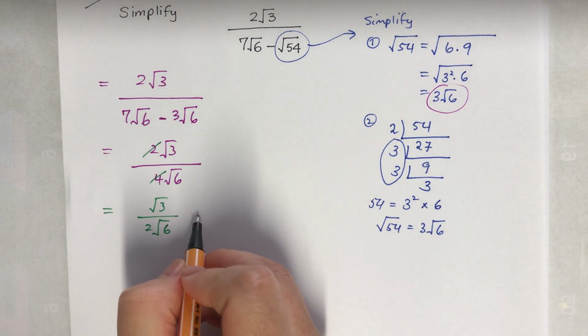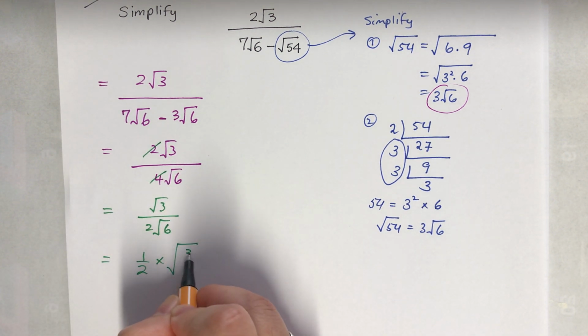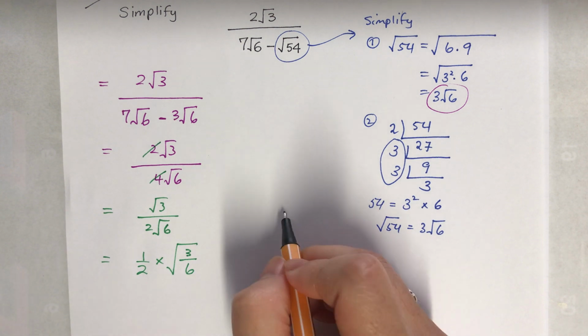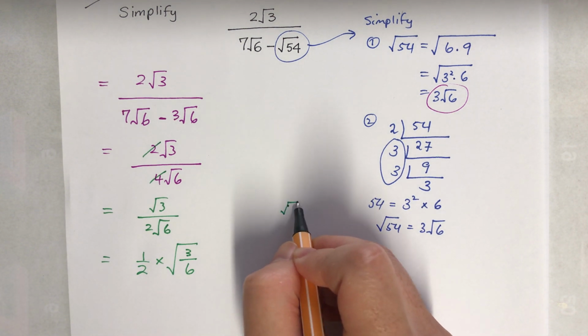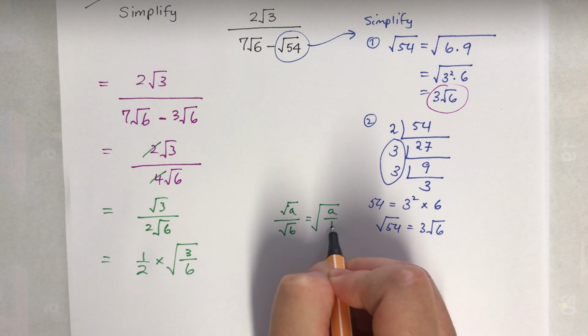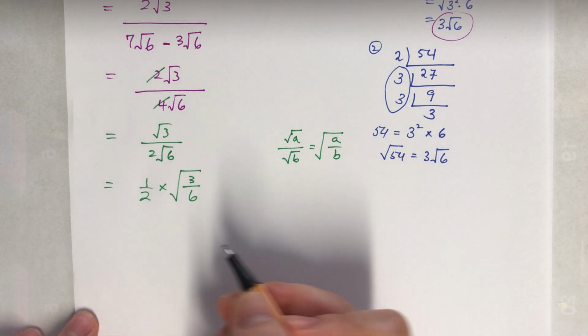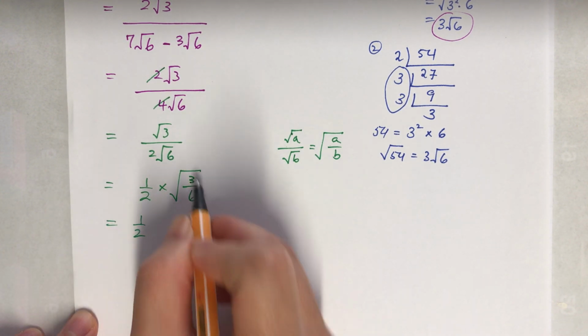Now you can do this. Do you remember this? Root of A over B is the same as root A over root B. Okay, so it's good to memorize all the little rules and formulas. So what do I get?